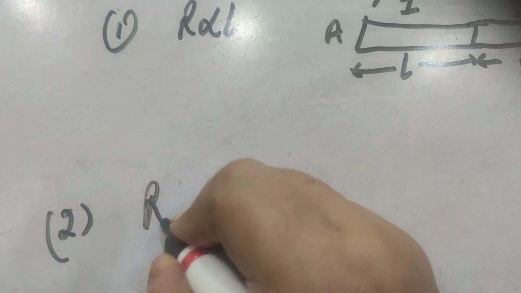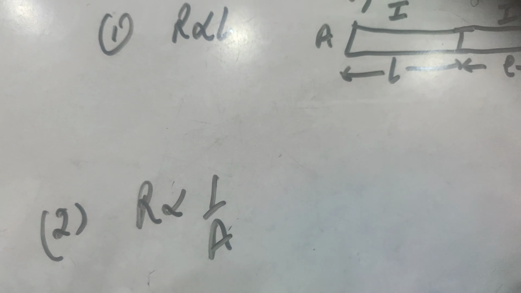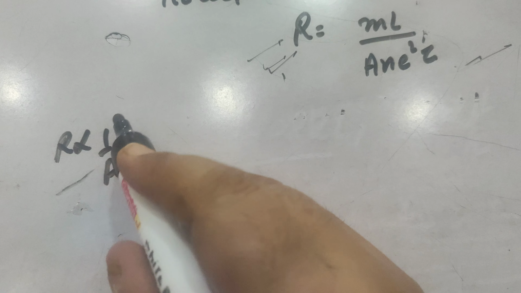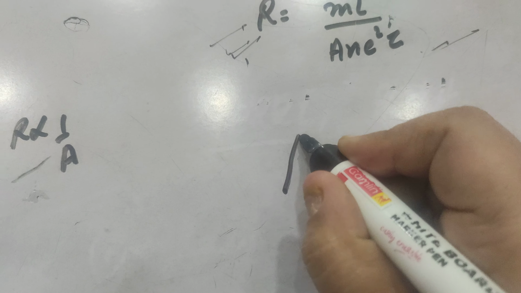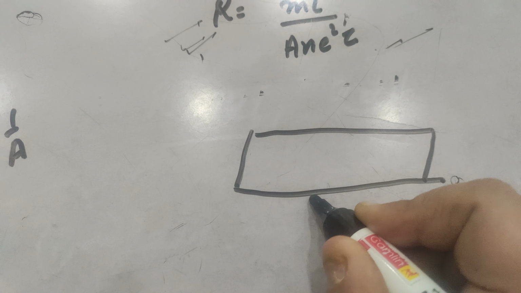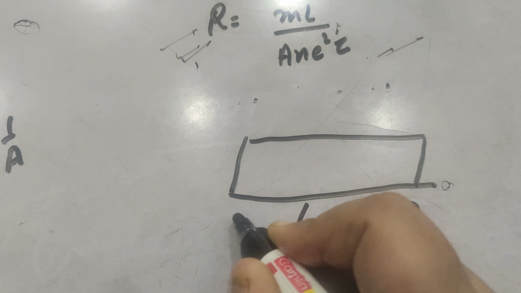Similarly, secondly, we can prove that R is inversely proportional to area. Now to prove that R is inversely proportional to A, let us again consider the same slab of length L. Now the length will not change.